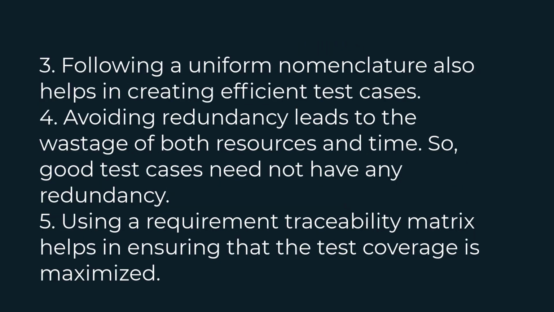Following a uniform nomenclature also helps in creating efficient test cases. 4. Avoiding redundancy, which leads to the wastage of both resources and time. So, good test cases need not have any redundancy. 5. Using a requirement traceability matrix helps in ensuring that the test coverage is maximized.